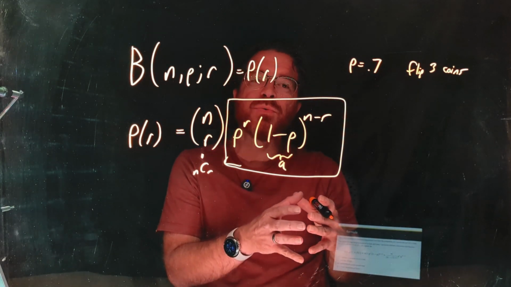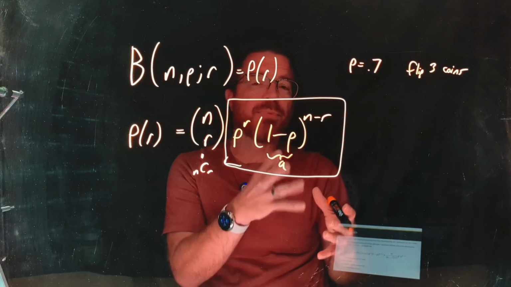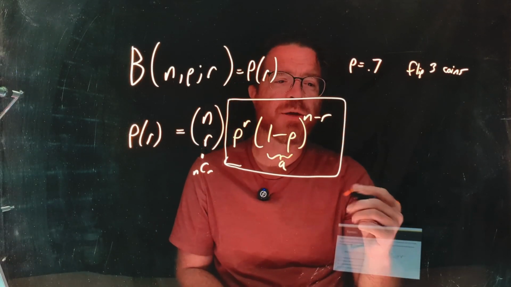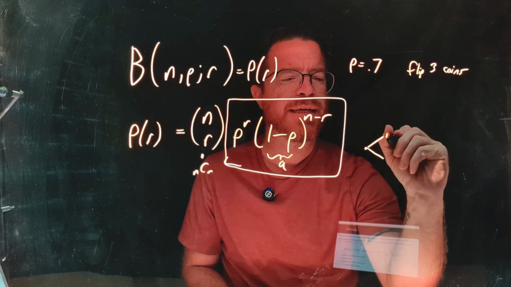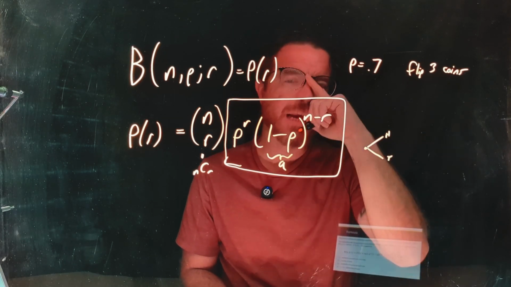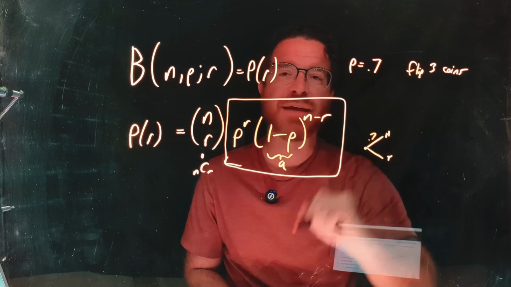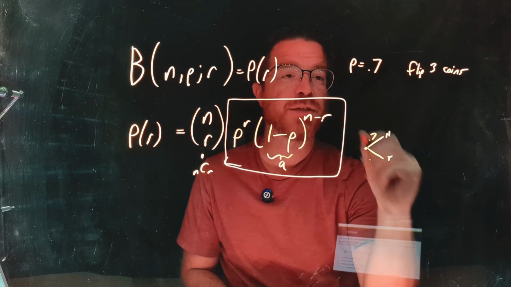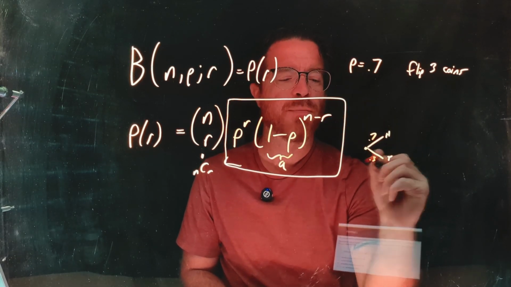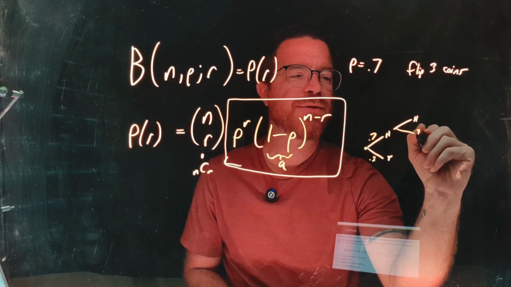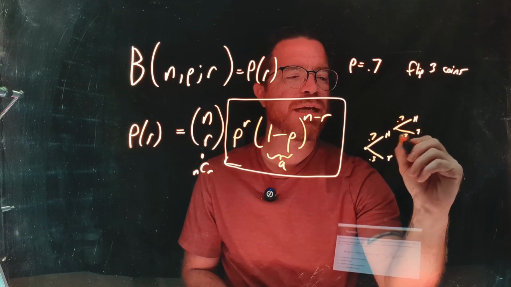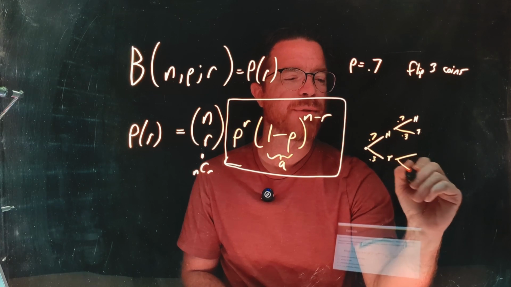So if we were to create a probability tree diagram of our experiment, I'm going to flip a coin, and I can get heads or I can get tails. My probability of getting heads is 0.7. My probability of getting tails is 1 minus 0.7, or 0.3. If I get heads, I flip another coin, I can get heads or tails, 0.7, 0.3. If I had gotten tails, I would also flip another coin.